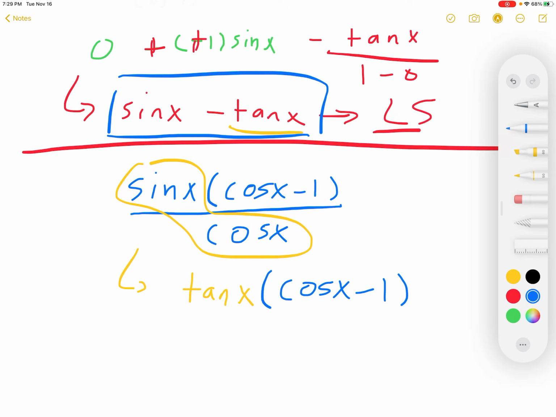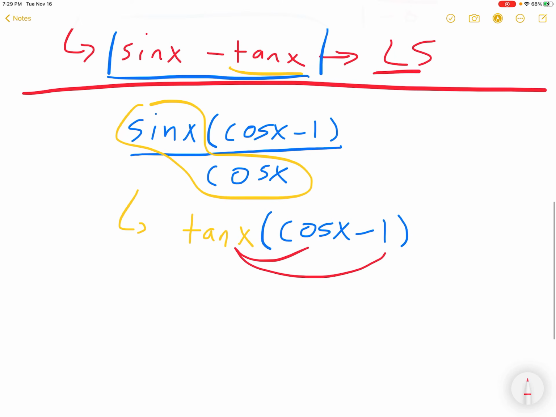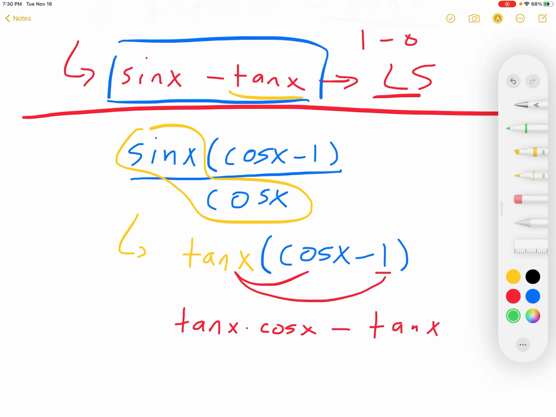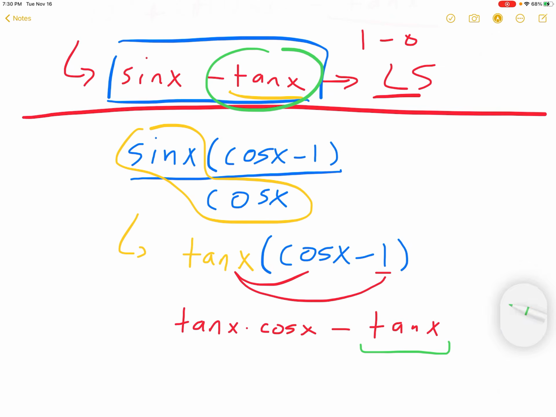We're going to remove the brackets by doing distributive property, or FOIL. So tan x times cos x gives you tan x times cos x. And then tan x multiplied by -1 gives you minus tan x. And so we completely have this part of the equation right over here on the left side.